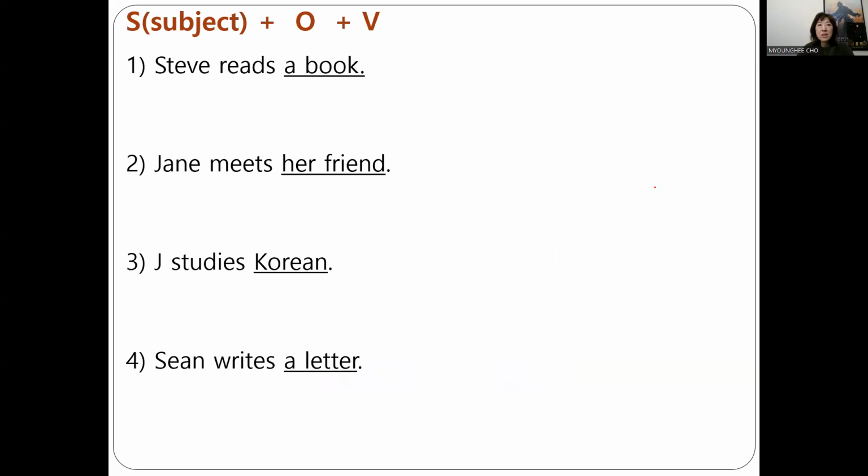Let's look at the structure. Subject, object, verb. I will use this one as a subject. Then you know that you have to add 이 or 가, the subject marker, to the noun here. And then you know how to conjugate the 요 form. The conjugation rule is the same as the verb and adjective conjugation rule, according to the stem's condition.